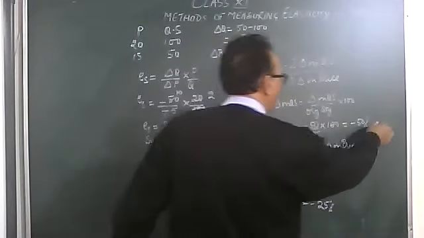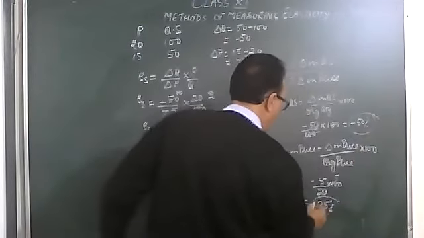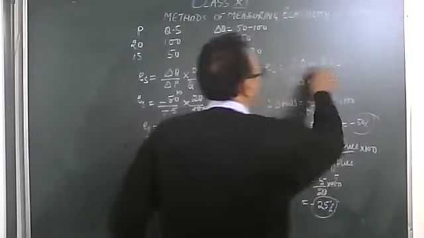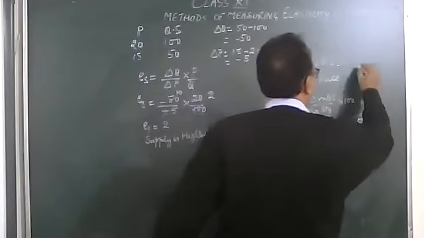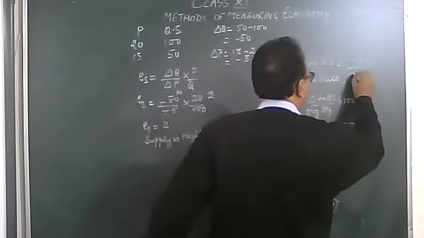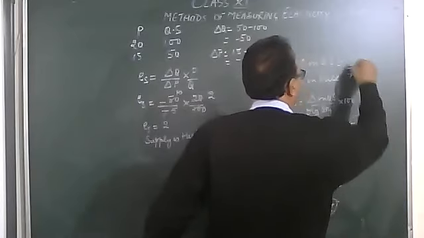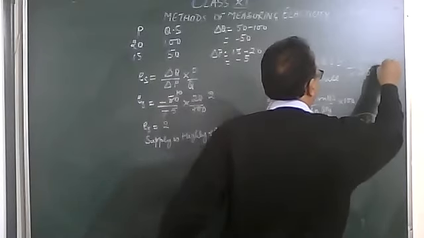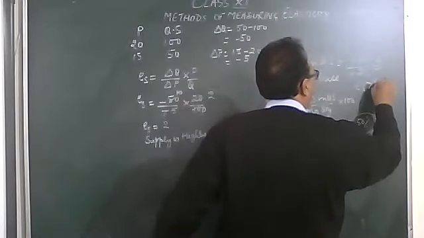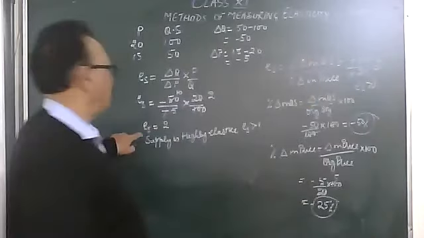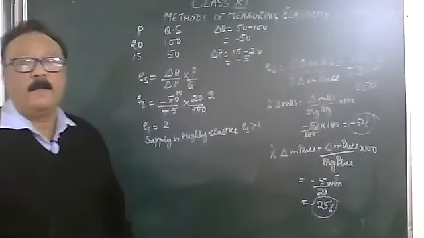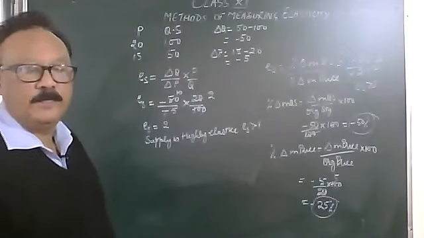Now this value and this value which we have calculated will get substituted over here. Change in quantity supplied is minus 50 upon change in price minus 25, so ES is 2. ES greater than 1 is highly elastic. The same we have done by the percentage method.